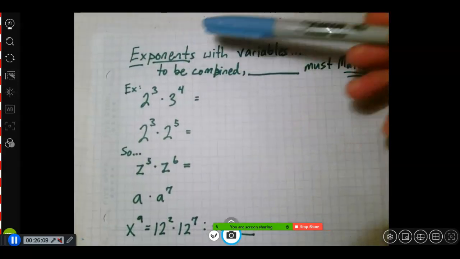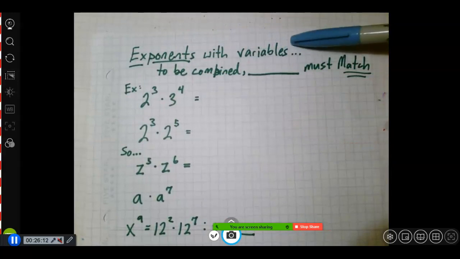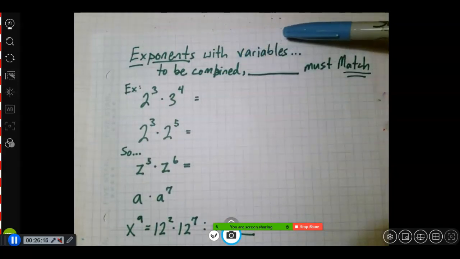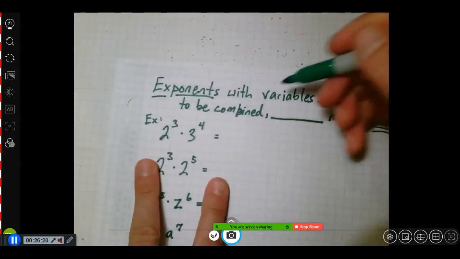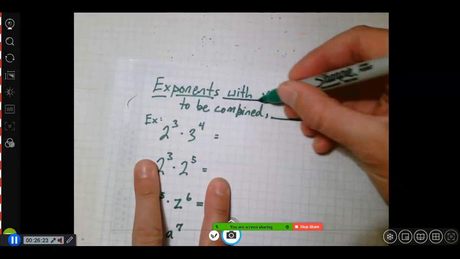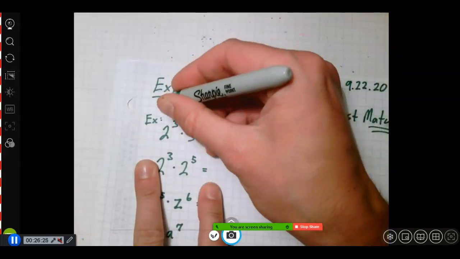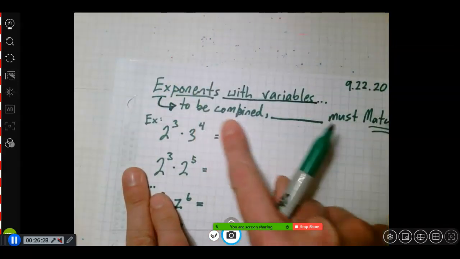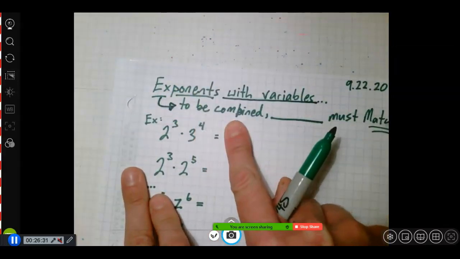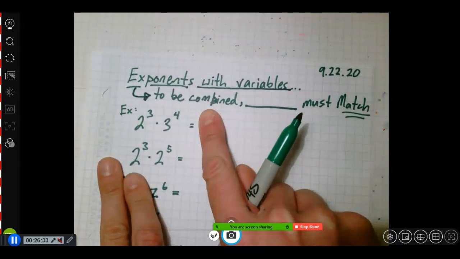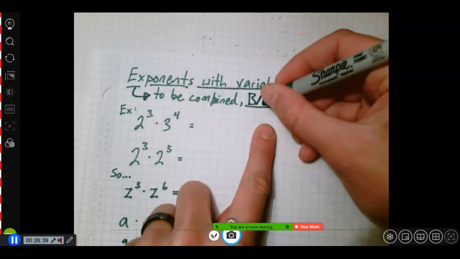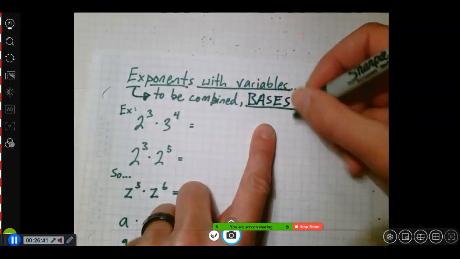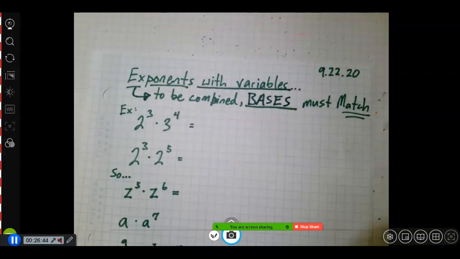I shouldn't have written the header like this, but in order for exponents to be combined, the bases must match. Sorry, this is not very good note-taking.